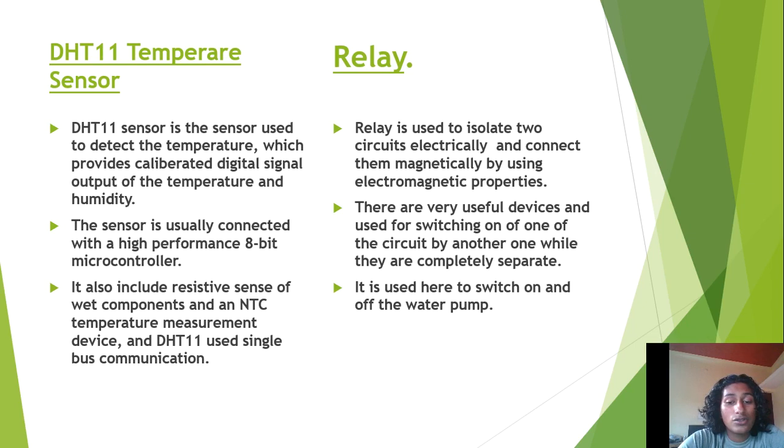The sensor is usually connected with a high performance 8-bit microcontroller. Single bus communication means only one data line is used for the system of data exchange, controlled by the signal bus for complete communication.